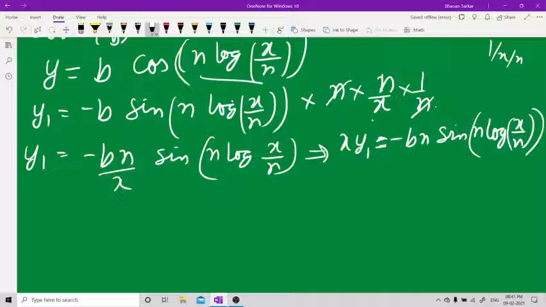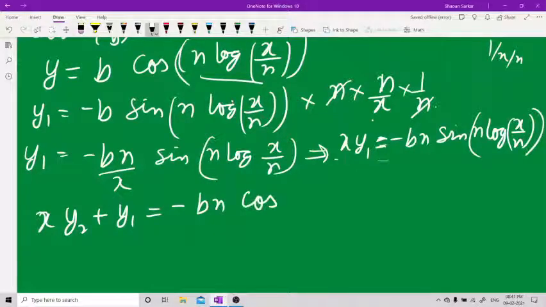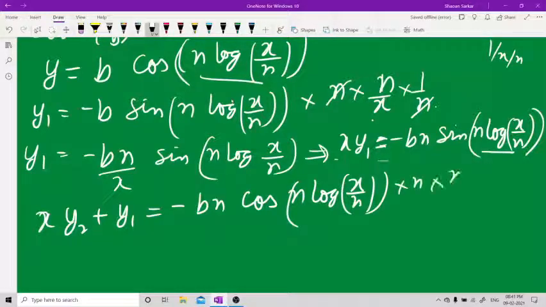Now you take the second derivative of this. First function as it is, second plus y1 as it is. Now minus bn, sine of this is cos(n log(x/n)), and then the inside into n/x into 1/n.